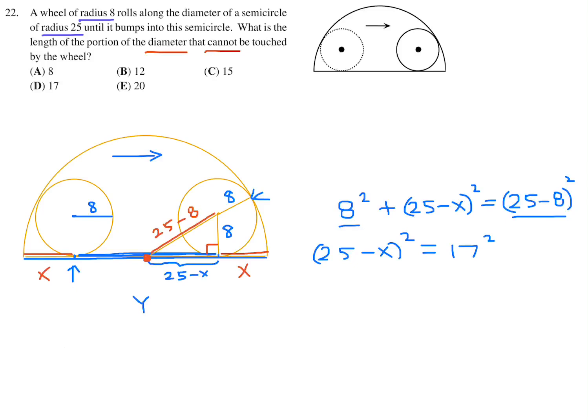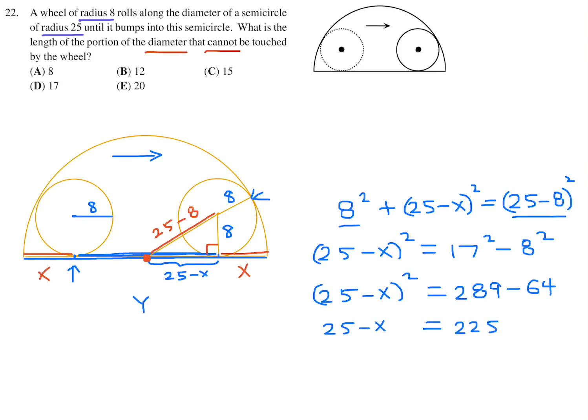And then bring this over to the other side, 8 squared. So (25 minus x) squared equals 17 squared, I believe, is 289, minus 8 squared, of course, is 64. So 289 minus 64 is 225.